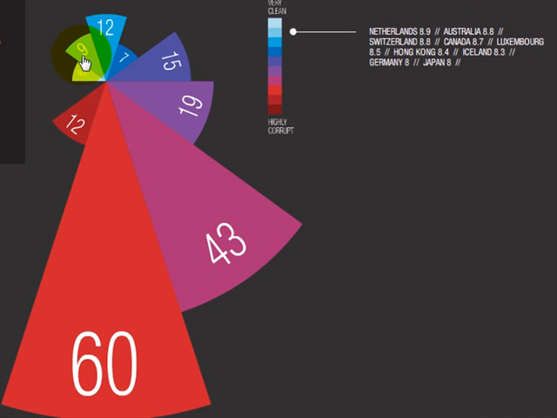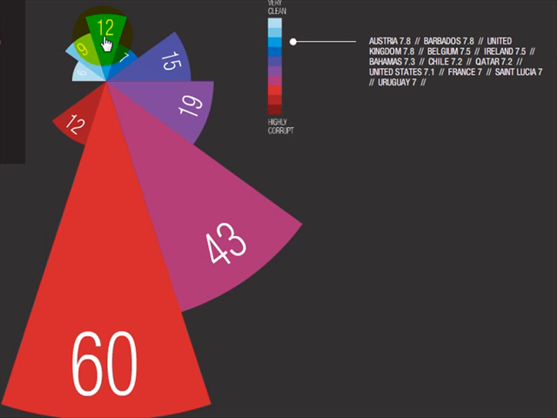The second group you can see there, we're still in a pretty clean zone, but we're getting down there. And there's the United States. The United States comes in at a 7.1 on a 10-point scale.